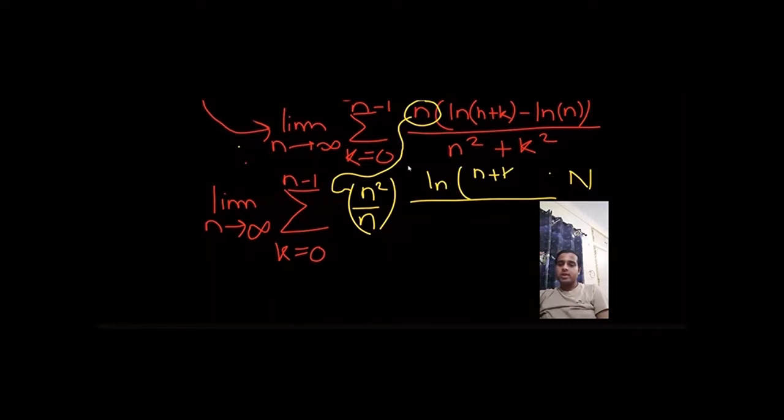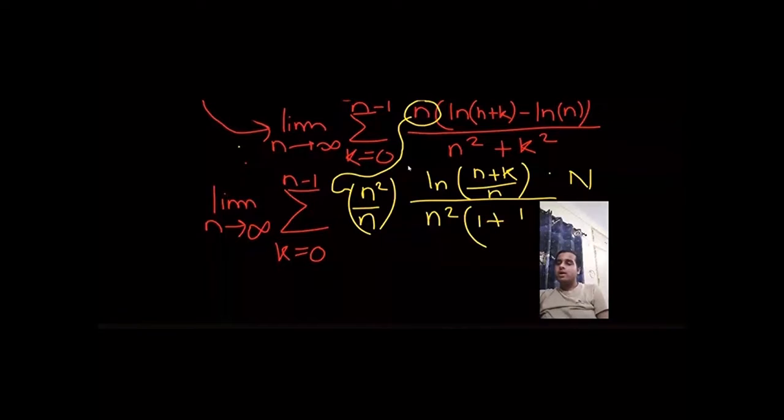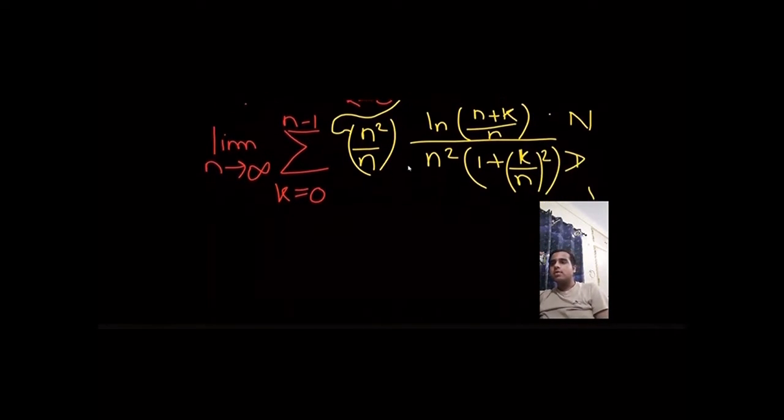It is a property of natural logarithm that natural log of a negative natural log of b is equal to natural log of a divided by b. And we are taking n square as common in the denominator, making n square plus k square as n square multiplied with the whole bracket of 1 plus k divided by n whole square. Simple stuff till now. We are going further.